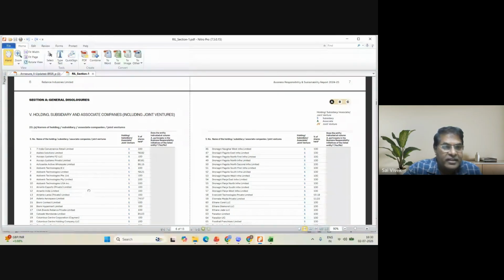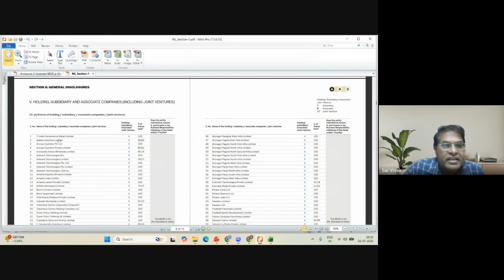So here we see that 7 India Convenience Retail Limited, it's a subsidiary. Yes, it is given here, subsidiary in the sense it is controlled by Reliance. Whereas 7 India is being controlled by Reliance. Reliance controls 7 India. So percentage of shares held is 100%.